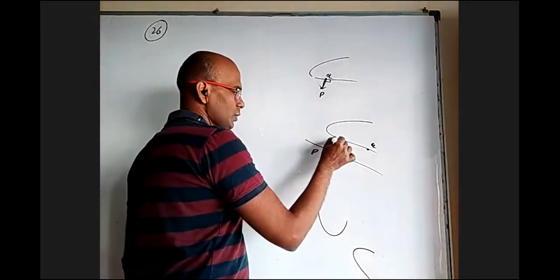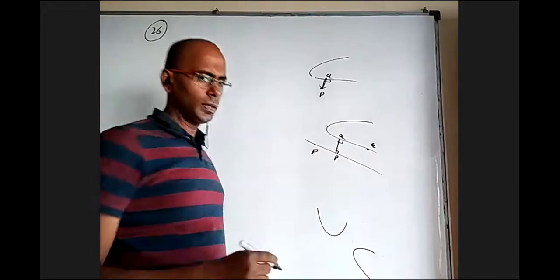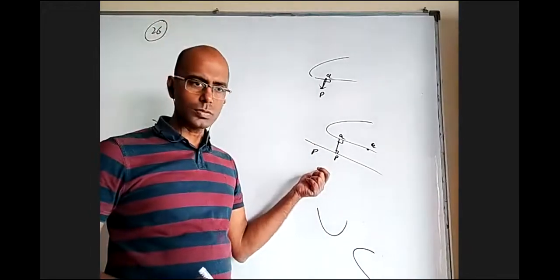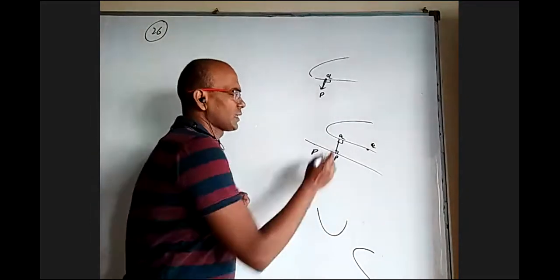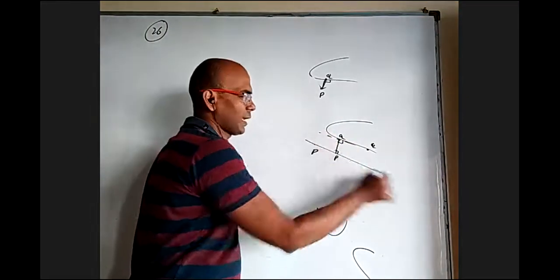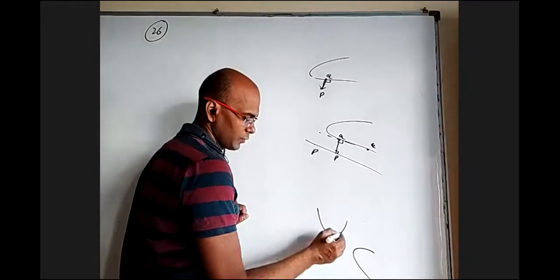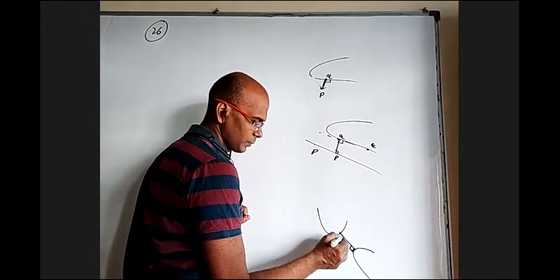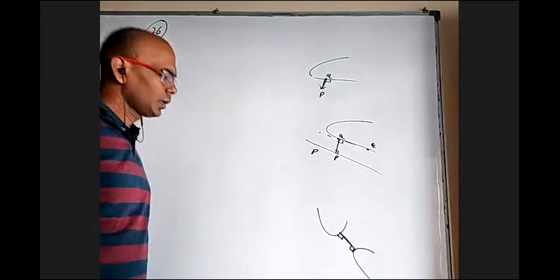Here also it will be minimum when PQ is normal to the line and also normal to the parabola. Another way of saying it is that the tangent at Q should be parallel to this. When two curves are there, if you want the distance to be least, that line should be normal to both.